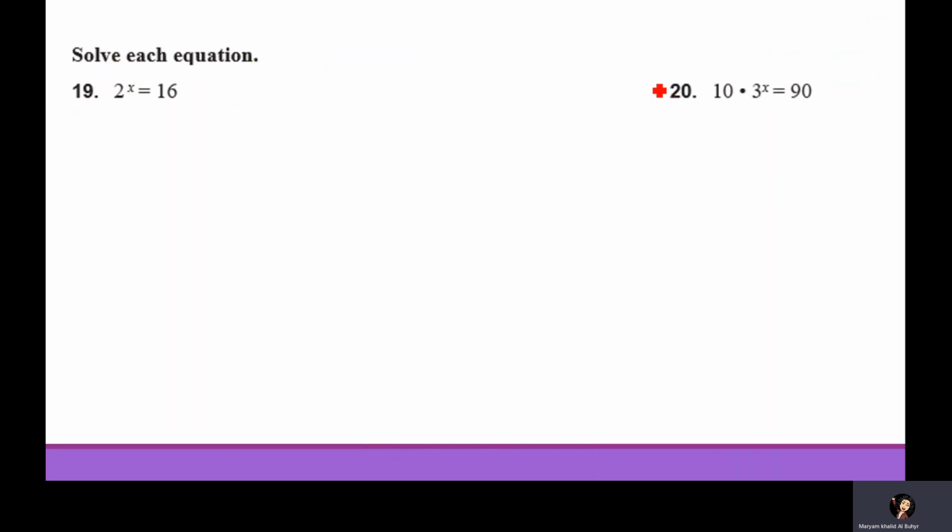But this kind of equation is very easy to solve. Can I rewrite this one into a number which is base 2? Yes, I know that 2 to the power 4 will give me 16. Any problem with that? I just convert this one into 2 to the power 4. I know that 16 is 2 times 2 times 2 times 2.